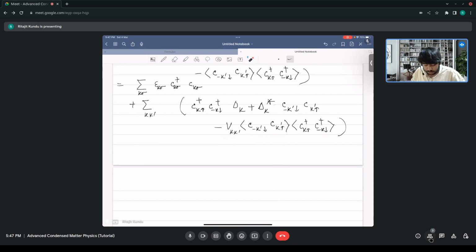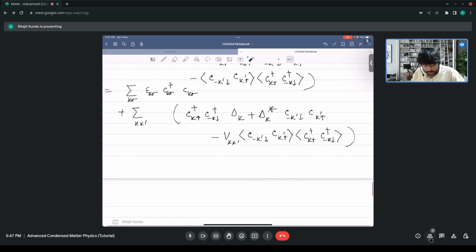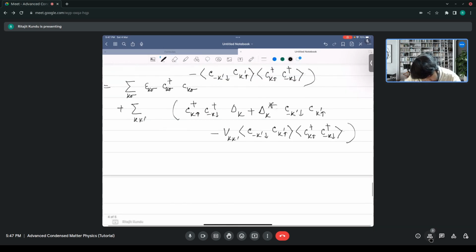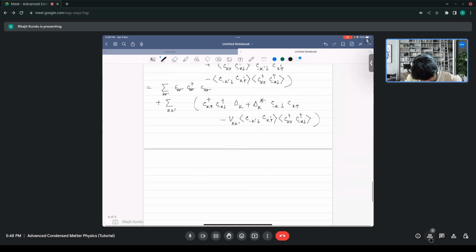Okay, so now what we can do is try to diagonalize this single particle problem. The gap equation is given in terms of something like this.